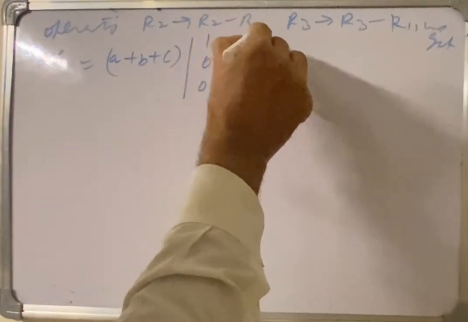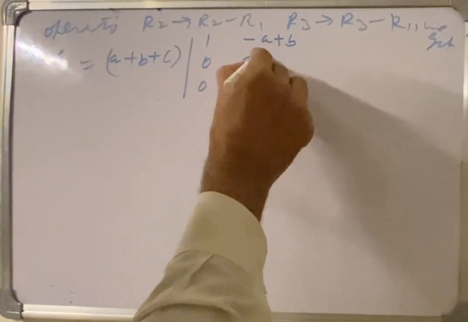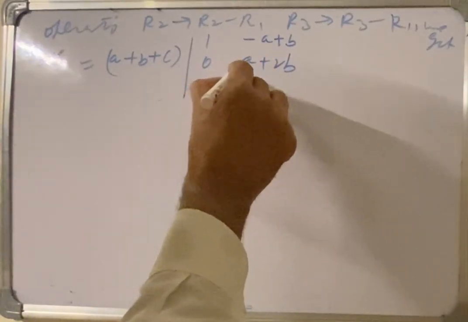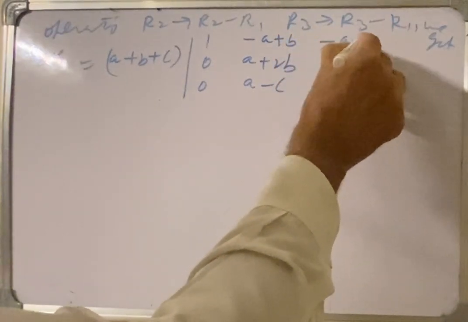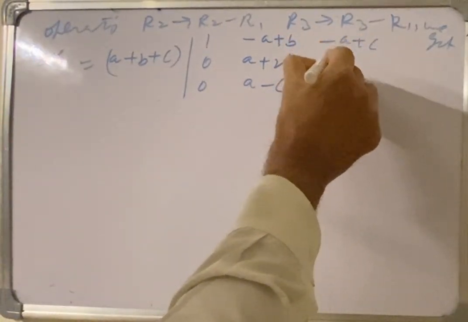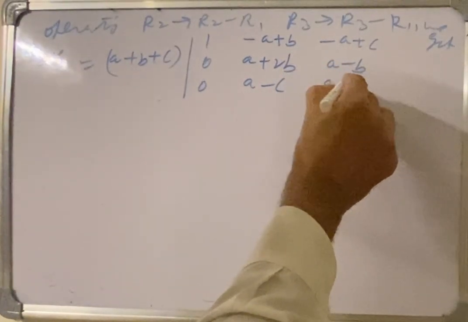Second becomes minus A plus B, A plus 2B, A minus C. Third becomes minus A plus C, A minus B, then A plus 2C.